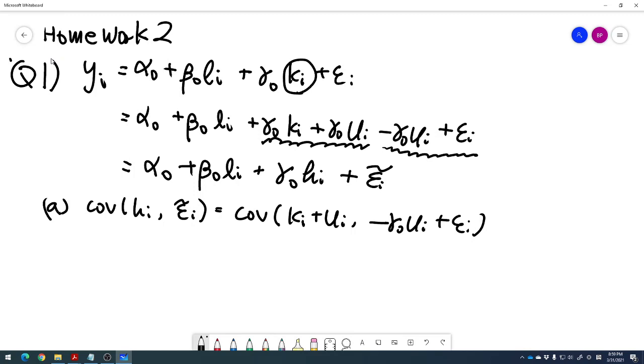So the only correlation we can capture is U with U, and it equals minus gamma 0 variance of U. So as long as gamma is not 0 and variance is not 0, the correlation is not 0. So it's obvious. Most of you have done pretty well.